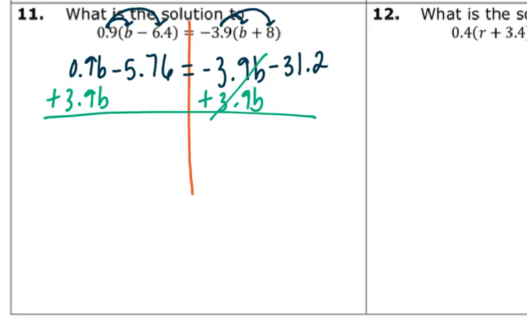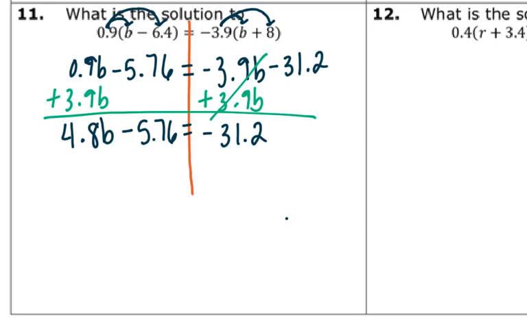You are welcome to use your calculator if you need to. 0.9 plus 3.9 is the number 4.8 with a b. Bring everything else down, minus 5.76 equals, be careful, this is still negative, so that's a negative 31.2. Same as before, we just have some decimals now.